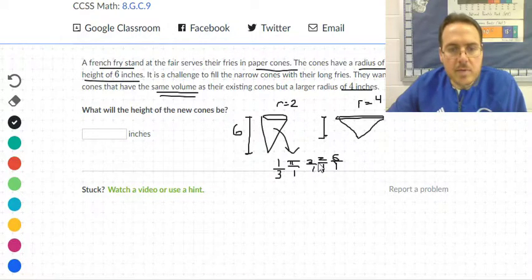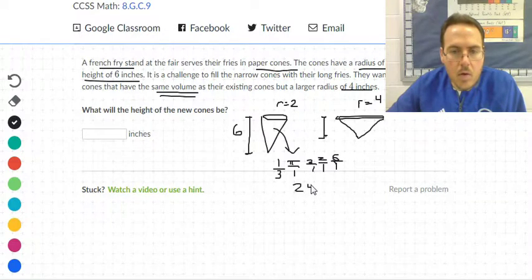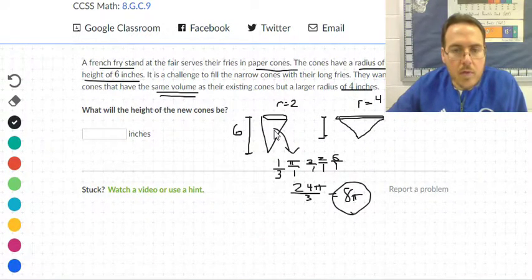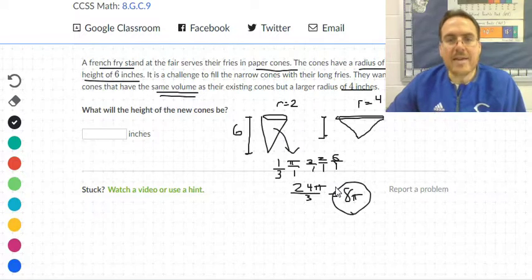Okay, so 2 times 2 is 4, times 6, that'd be 24 pi over 3, which would be 8 pi. So the original cone has a volume of 8 pi.